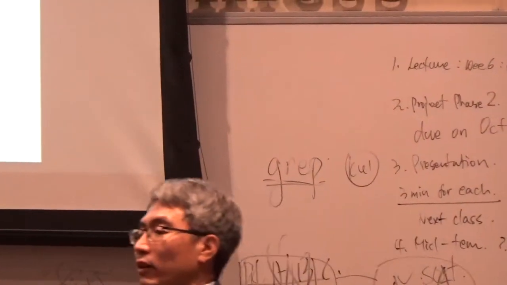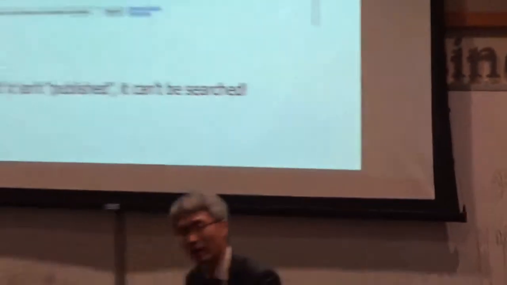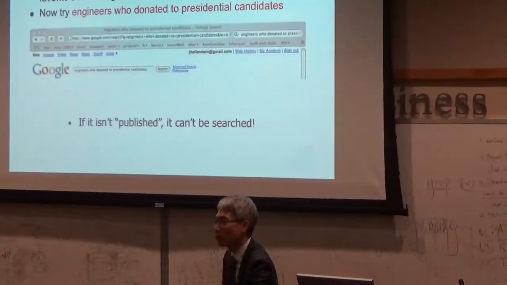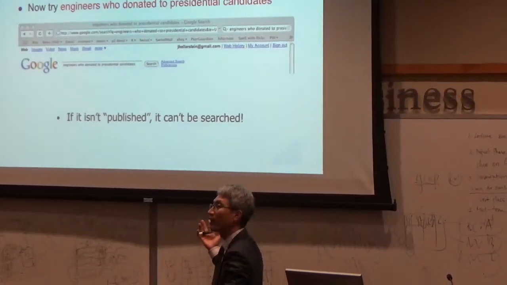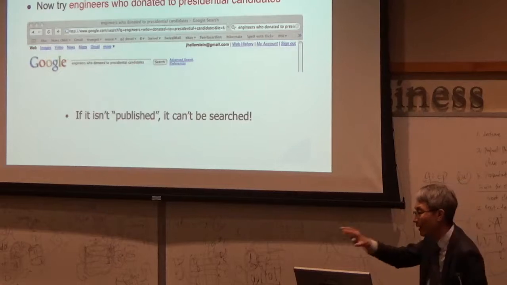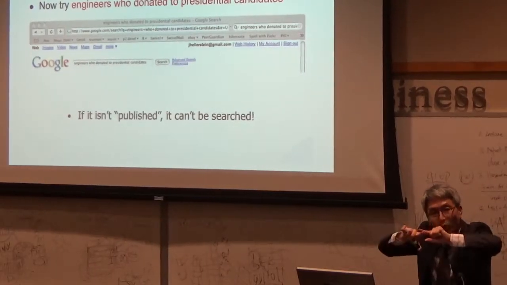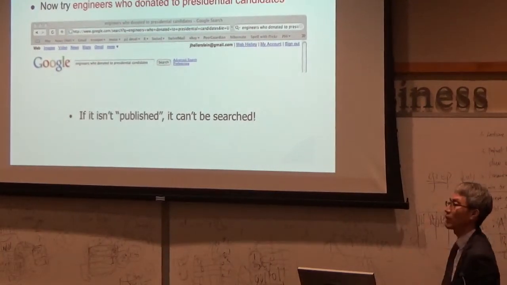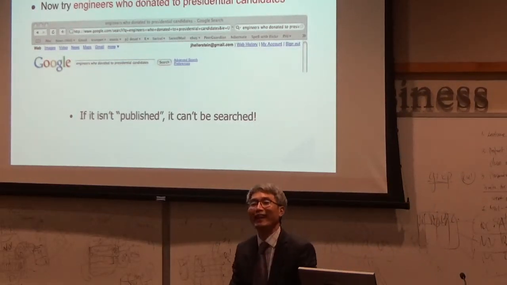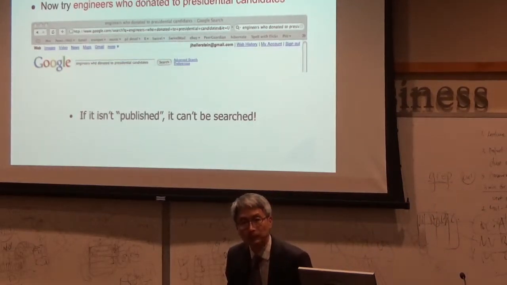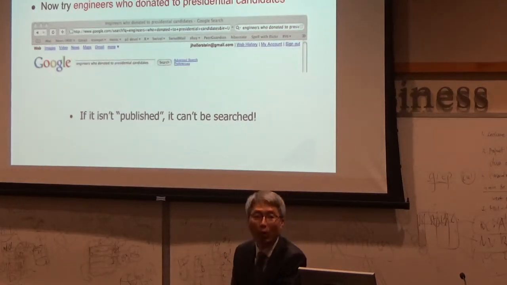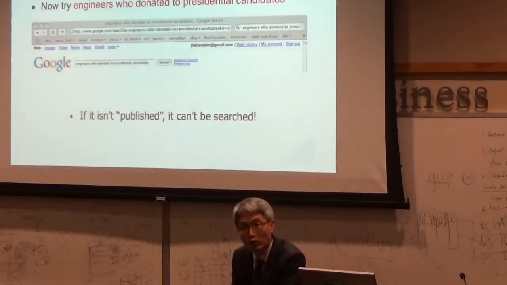A long time ago, I probably mentioned in this class, when the developers built Yahoo or Google, they first used the grep command to find the one record, one line that includes the specific keyword. So they did not use any data structure that we have discussed a lot. At that time we called that activity a search.